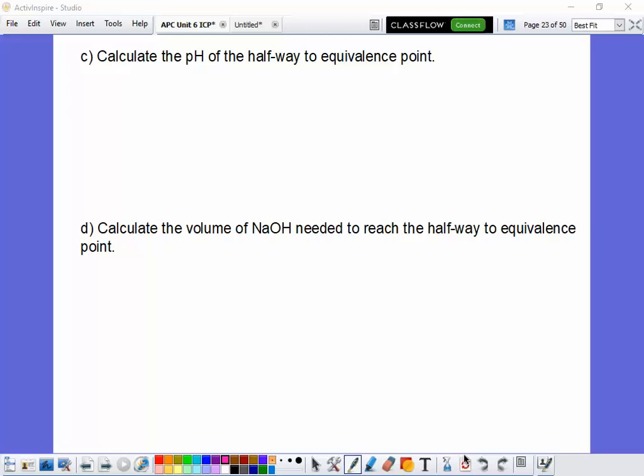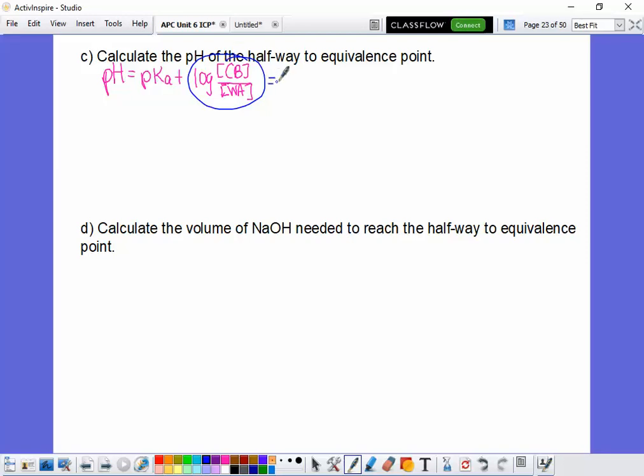So at the halfway to equivalence point, since the weak acid and its conjugate base are equal, remember, pH equals pKa plus log of the conjugate base over the weak acid. When these two concentrations are equal, what happens to this term?